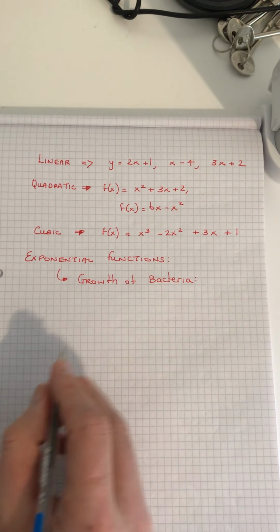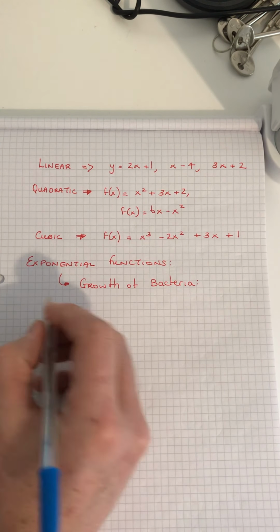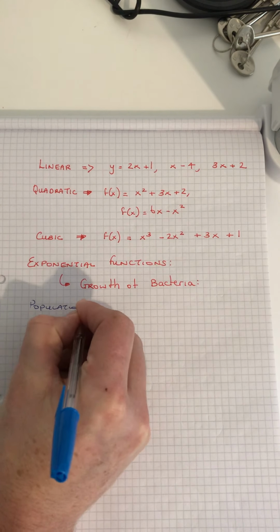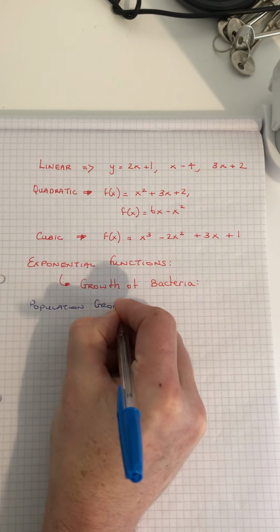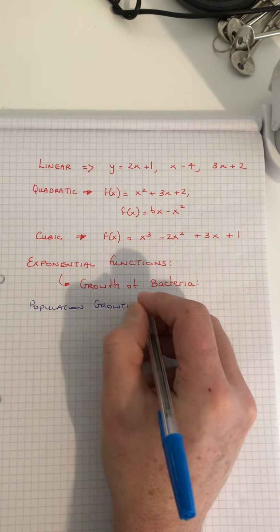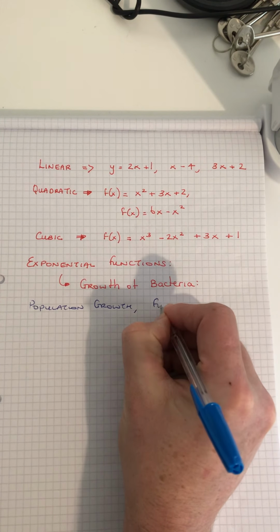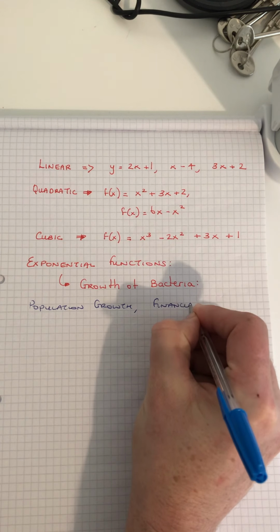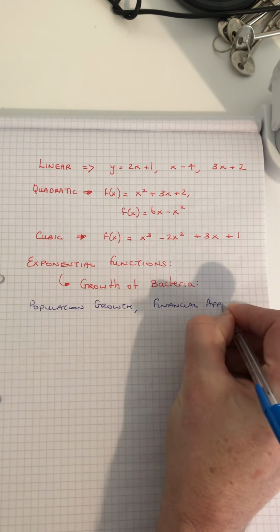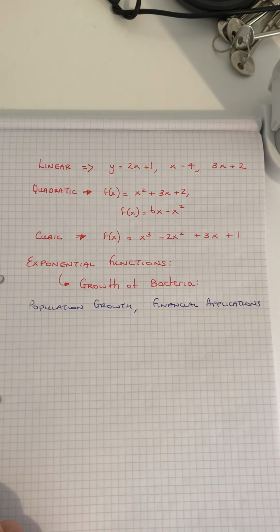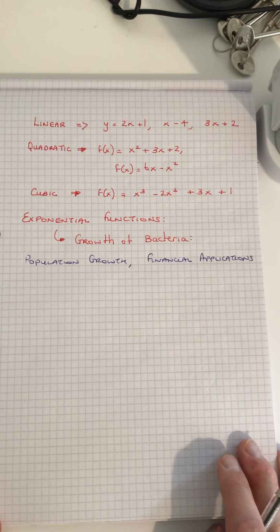So they're used for like population growth, bacteria growth, maybe, and then finance. There's financial applications. Okay, so they're examples where you'd see them in life.